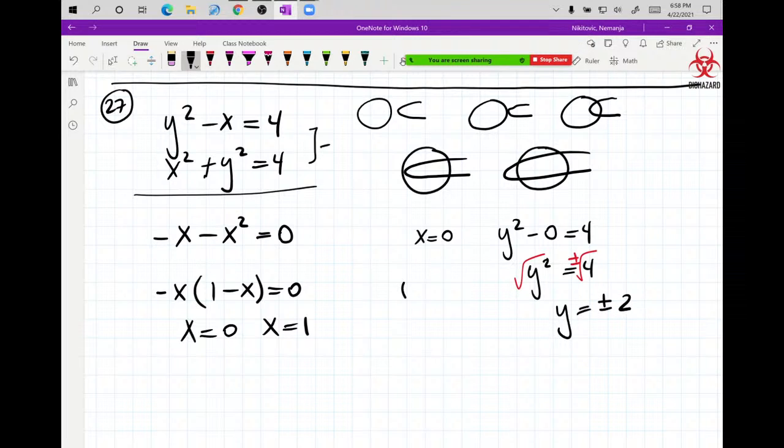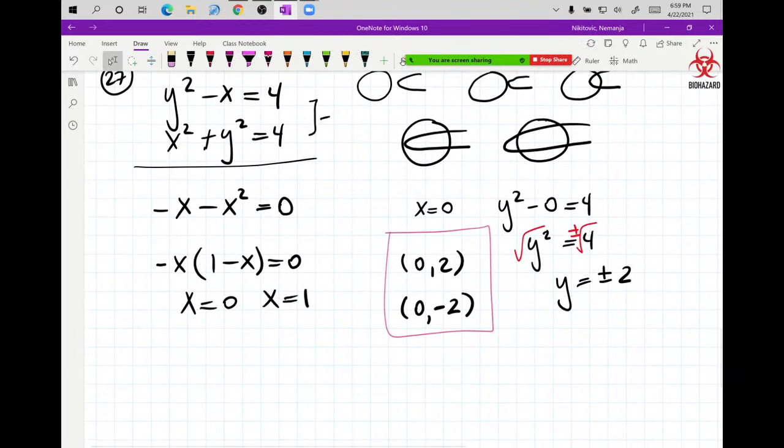That means 0, 2 and 0, negative 2. So we got 2 points. With a single x equals 0, it gives us 2 points.